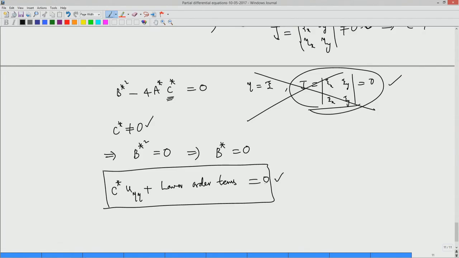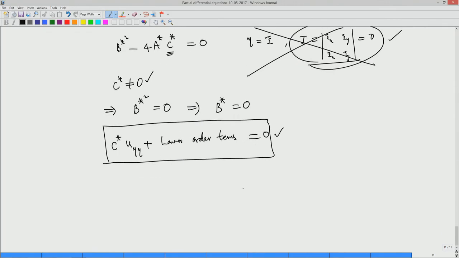So this is what the second order linear partial differential equation in the variables x and y is reduced into: C star, which is non-zero, U eta eta plus lower order terms equal to 0, in the case of discriminant B square minus 4AC equal to 0. This is called a canonical form. This is the form it becomes after transformation from xy variables to xi and eta variables.